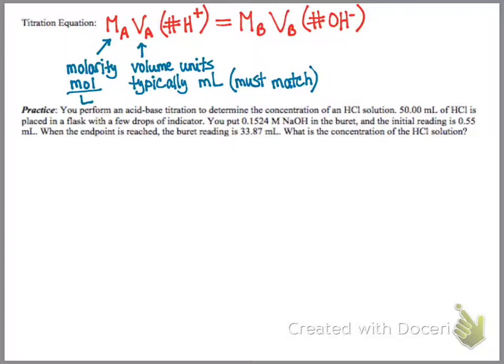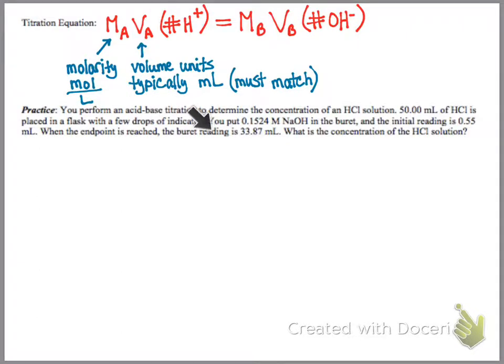So here's a typical practice problem for titration. We're going to perform an acid-base titration to determine the concentration of a hydrochloric acid solution. This is an unknown concentration. So 50 milliliters of HCl, so that's the volume of the acid, is placed into a flask with a few drops of indicator.